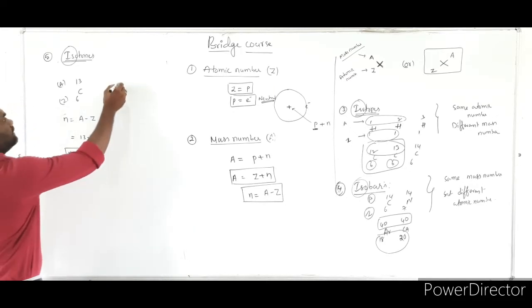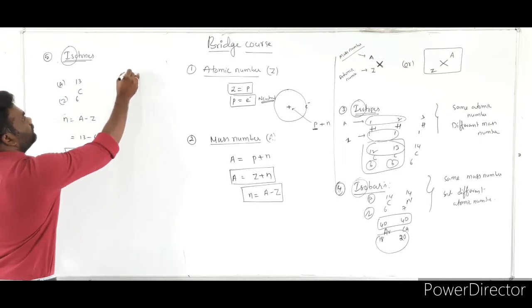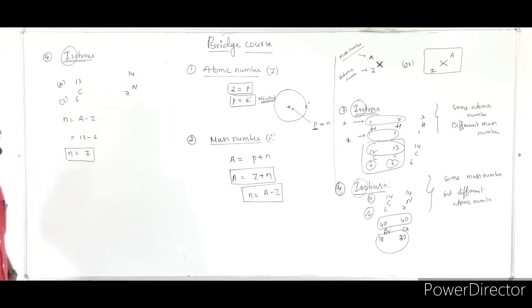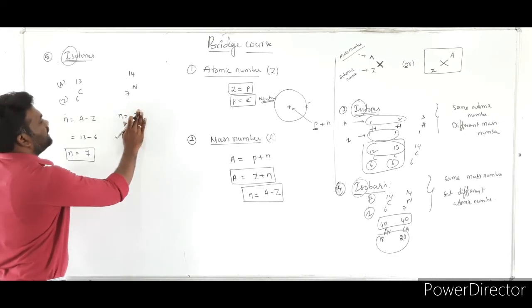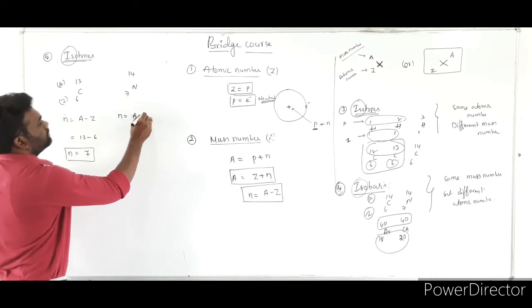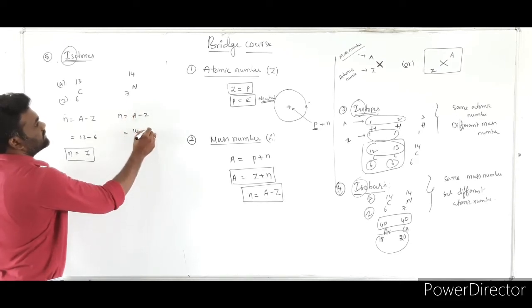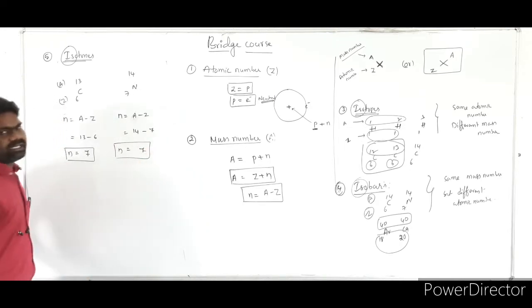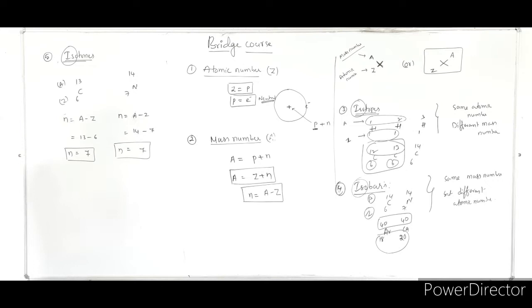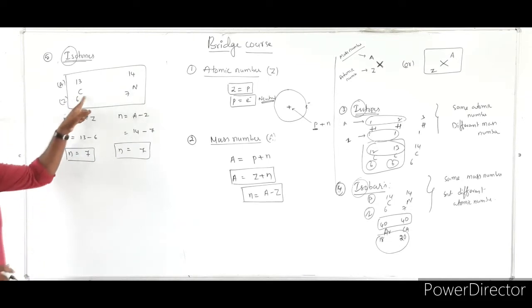I am taking one more example: nitrogen 7-14. If you look at this case, find the number of neutrons. The number of neutrons is equal to A minus Z. A is 14, Z is 7, so N is equal to 7. If you look at this example, we have two different elements, different atoms.